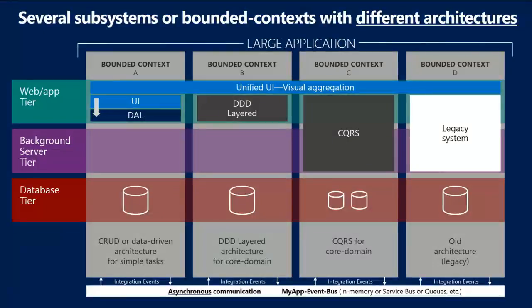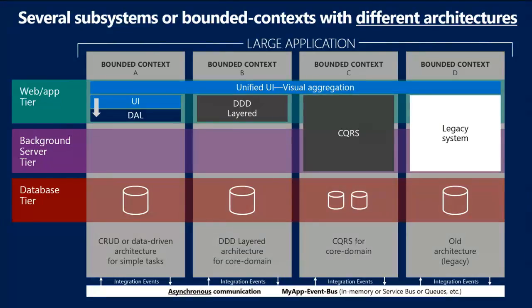And finally, to me, this is the most important slide of this presentation, especially when talking about mission-critical applications. When you have a large application, you will usually have many subsystems. And what I want to highlight is that you should have different approaches and different architectures per subsystem, depending on what kind of subsystem you are talking about.